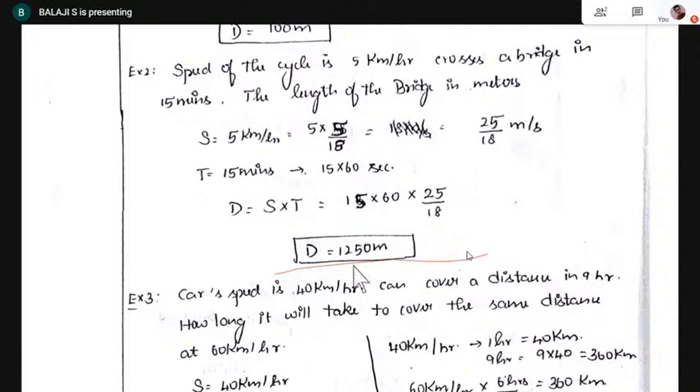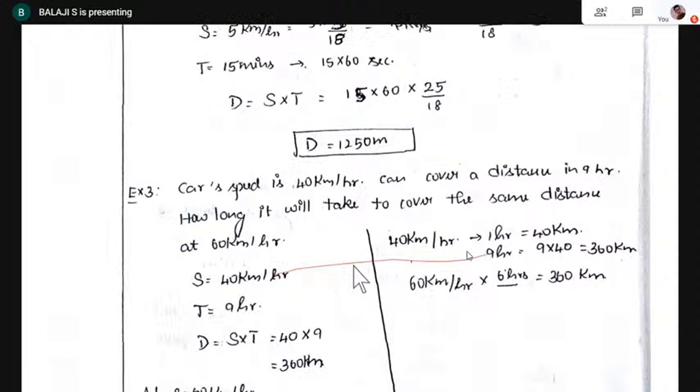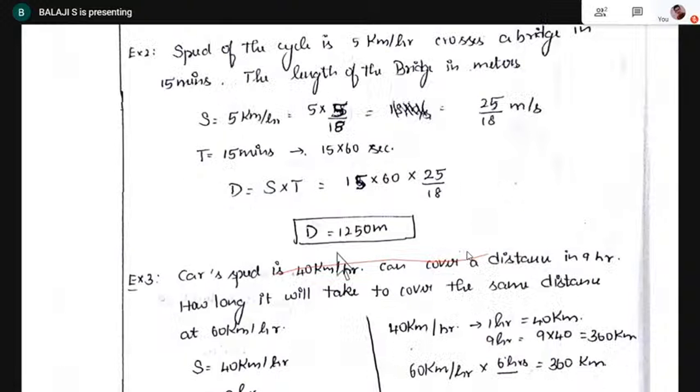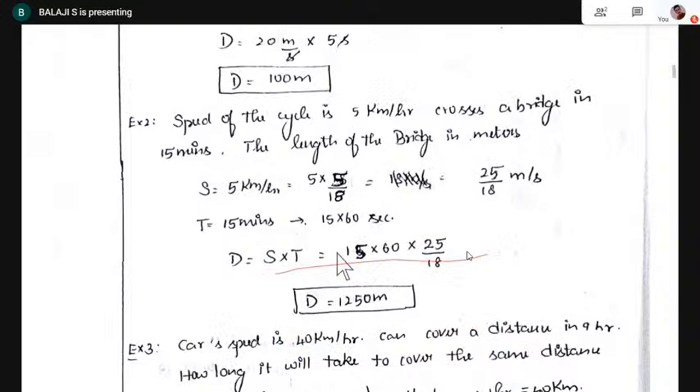But if it is a very big sum, and you calculate everything like this, it will take very much time, and you may not be able to complete your test in the particular time. So first let me solve this sum in the conventional method.